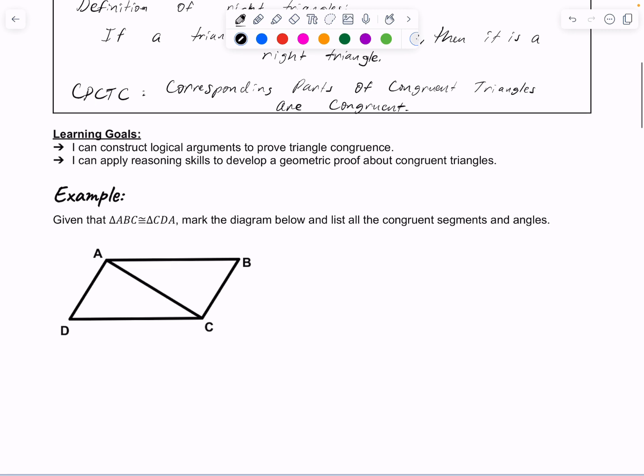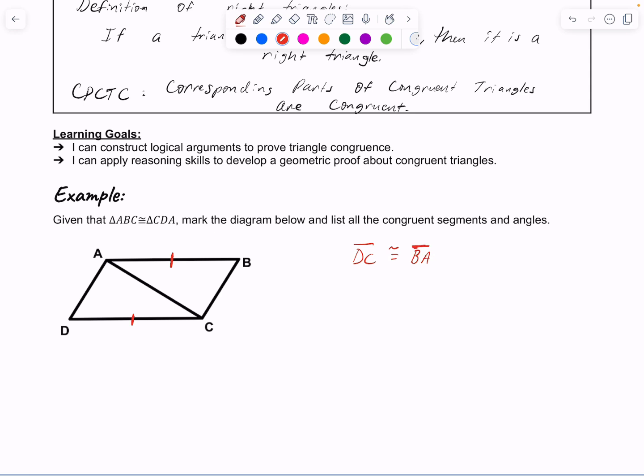Okay, so in this first example, we are going to take these 2 congruent triangles, ABC and triangle CDA, and we are going to mark on the diagram everything that's the same, as well as listing that all out. So I'm going to start by labeling segment DC and segment BA as congruent to each other. So I'm going to list that here. DC is congruent to segment BA.